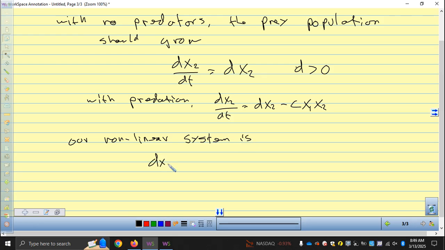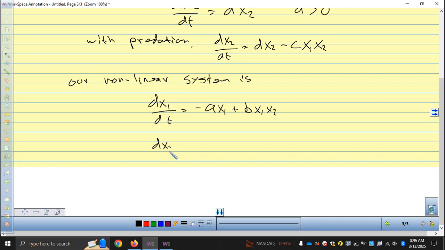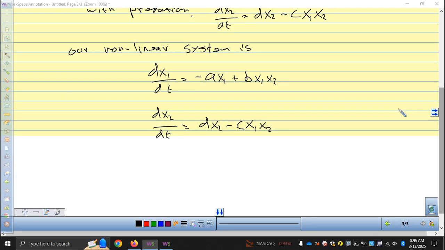We have dx1/dt is negative a x1 plus b x1 x2, and dx2/dt is d x2 minus c x1 x2. This is a classic predator-prey model. This is the Lotka-Volterra predator-prey model.